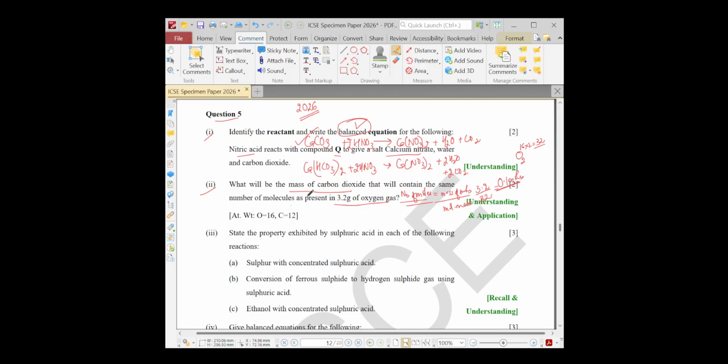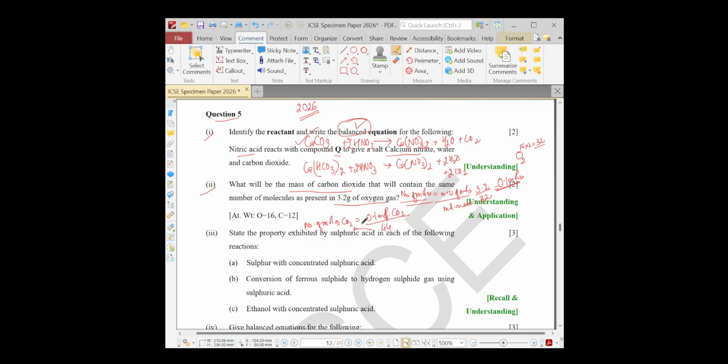Now what will be the mass? Let's calculate the mass of carbon dioxide. We know the number of moles of carbon dioxide is 0.1 mole, and the molecular mass of carbon dioxide is 44.